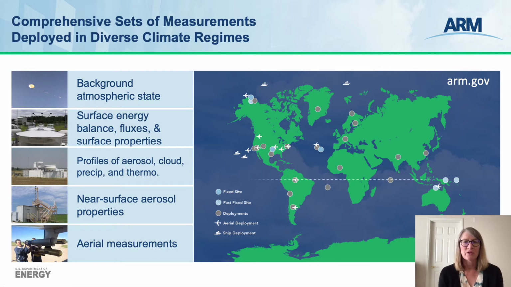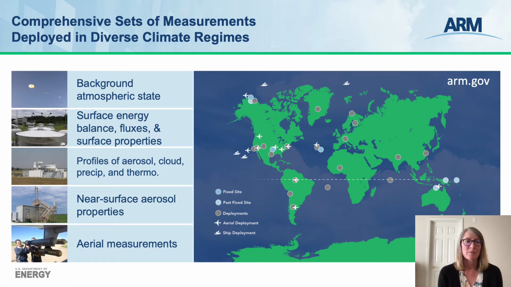Each observatory includes a comprehensive set of measurements, which includes background atmospheric state, a variety of surface energy balance, surface fluxes, and surface properties such as soil moisture and temperature.